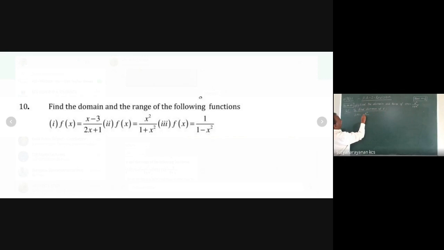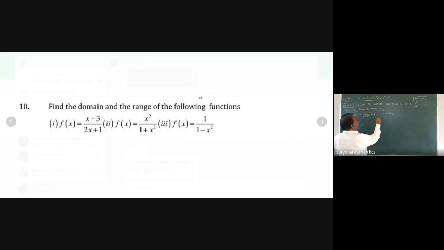x square by, it should be a real number. When it is a real number, tell me. Previously we have discussed when this function is a real number, it is in the form of numerator by denominator, f of x by g of x. One plus x square, denominator should not be equal to 0.